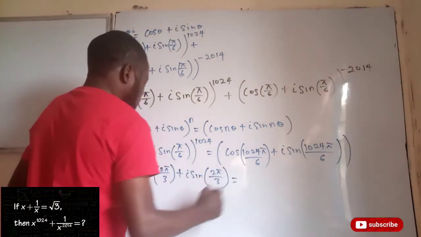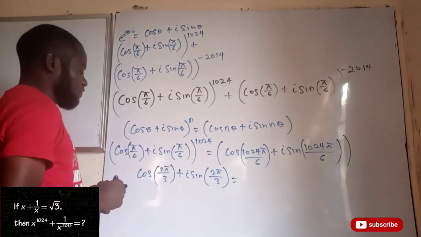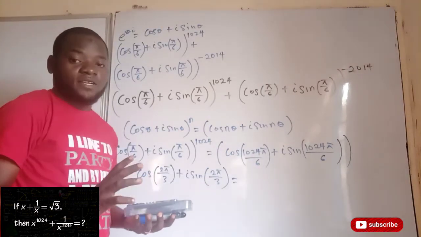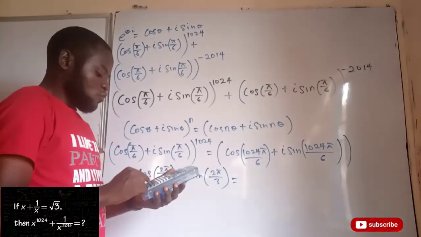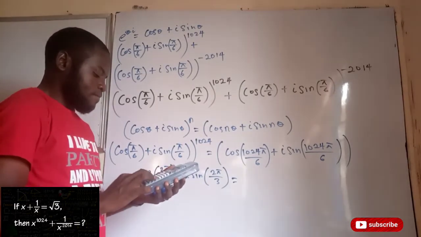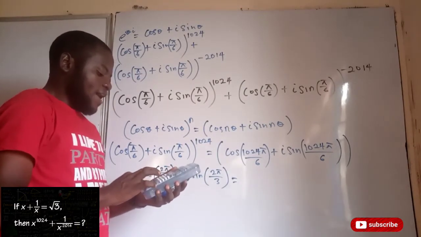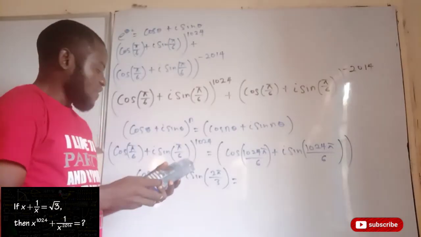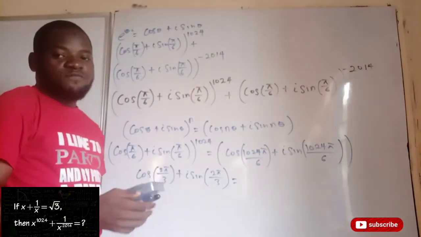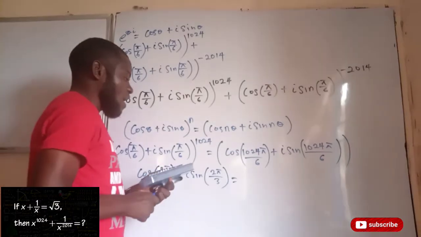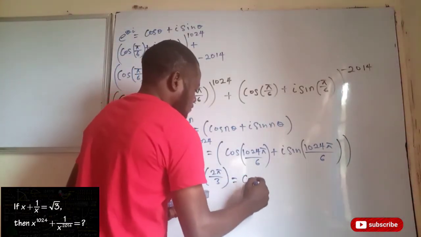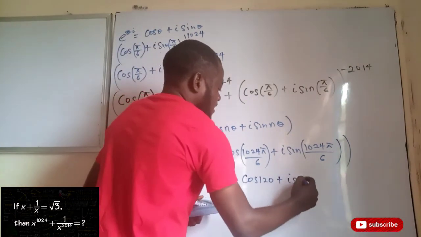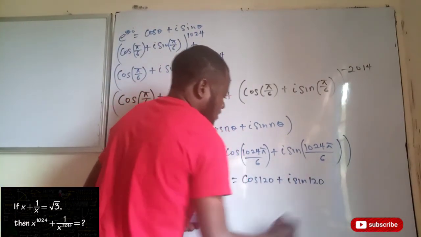So this result should give us, if I have 2 pi divided by 3, let us punch our calculator to get our value. 2 times pi, so if I have 2 times 180, my result is 360 divided by 3, so that will give me 120. So I will have cos of 120 plus i sine of 120.